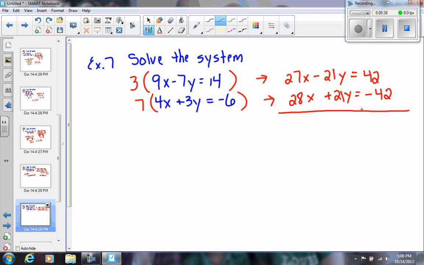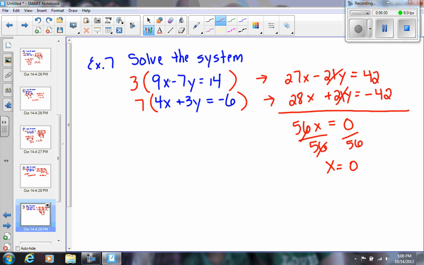When I combine the two equations together, when I add them, the y's are going to drop out, and I'm left with 56x equals 42 minus 42 is 0, and that's not a problem, because when I divide both sides by 56, I get that x equals 0.